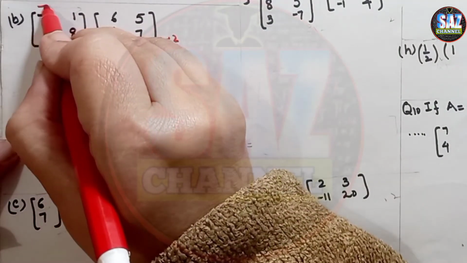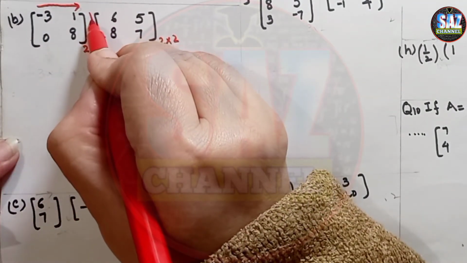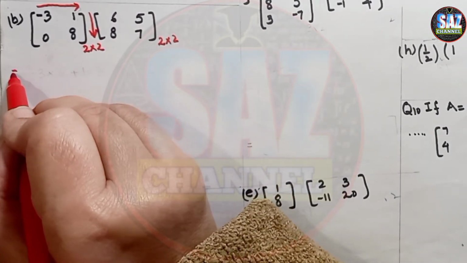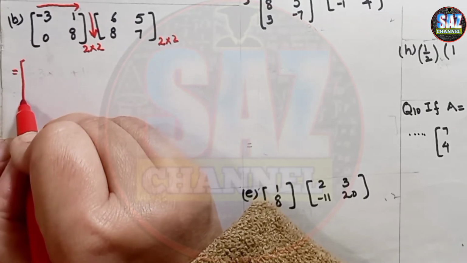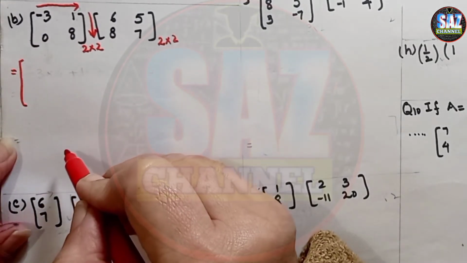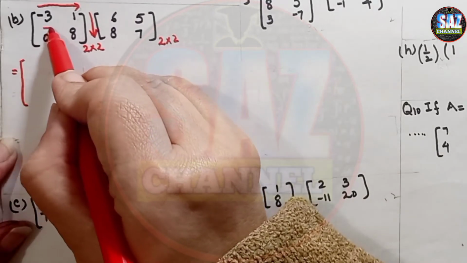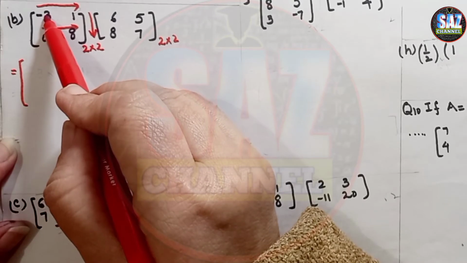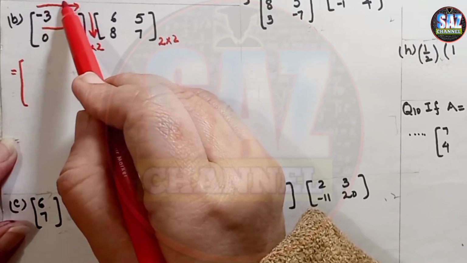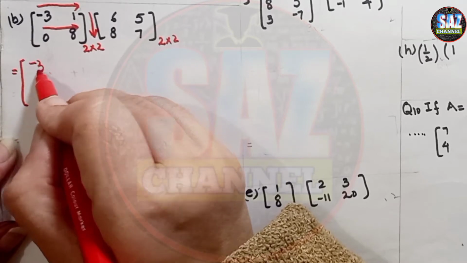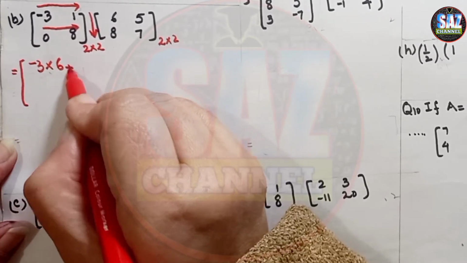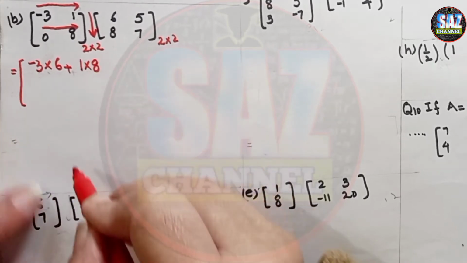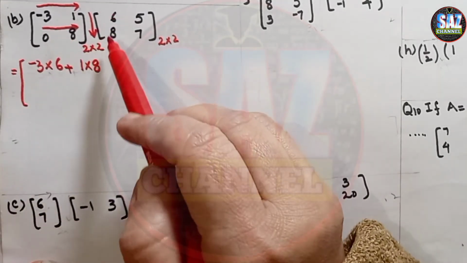I have to apply the RC rule, that is, pick up the first row of the first matrix and multiply it with all the columns of the second matrix, and then repeat the procedure with the second row of the first matrix. I have to pick up minus 3 multiplied by 6, plus 1 multiplied by 8. Now you can see the first row with the first column is done.